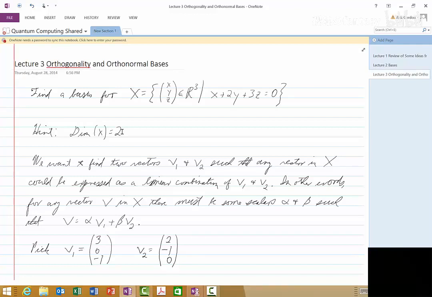Then what would happen? Well, you'd have some equations, just like you have this one equation, which would give you the conditions for vectors in X. You would have some equation, or possibly multiple equations in that case, describing the vectors in this 7-dimensional subspace, and you would simply have to find 7 vectors that satisfy those conditions, and such that none of them could be written in terms of the other 6.